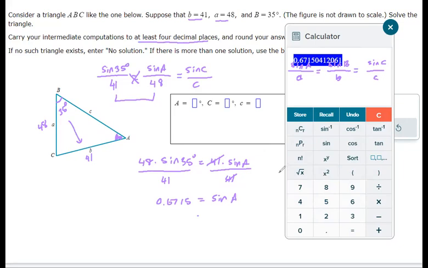But the question now you have to ask yourself is, how do I deal with this? The sine A equals a number, and I'd like to get the angle measure of A. To find the angle measure, we use the inverse of the function. In this case, we are going to use the inverse of the sine function.